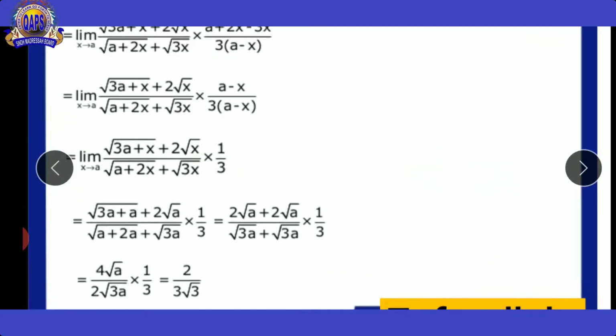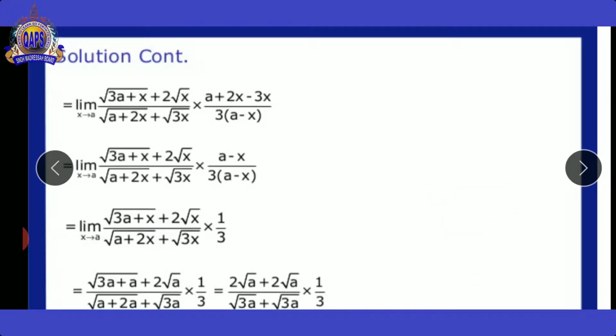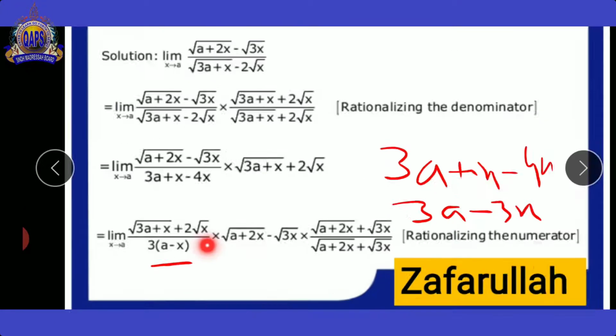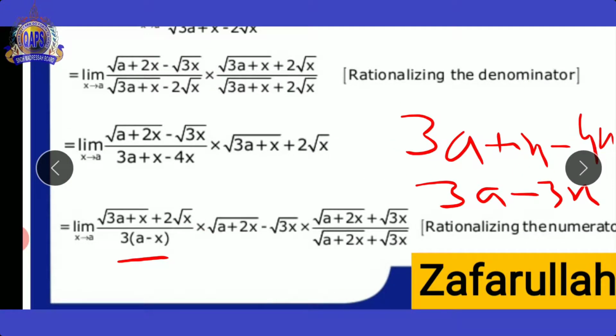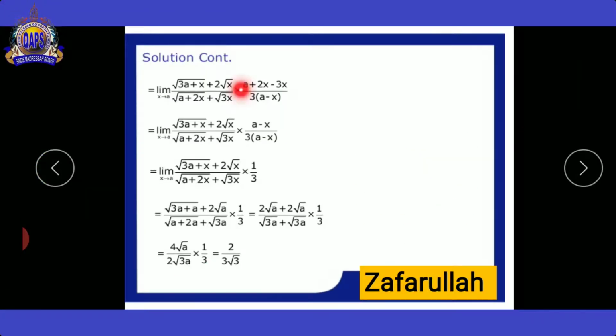Now in the numerator form, in this situation, this form and this form, this is negative, this is positive, and again we apply the difference of two squares formula, this whole is a, this whole is a, and this is b, this is b. So when we apply it here, the whole formula is created.